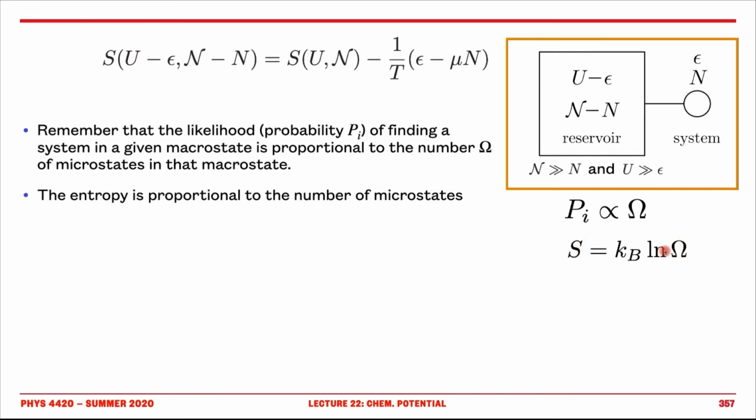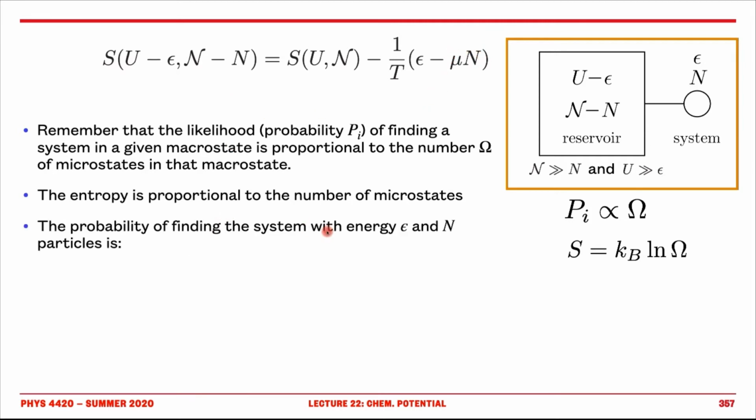So we have this k_B ln omega. The entropy is equal to k_B ln omega, and that's good because now we are going to be able to connect the probability of a given macrostate with the entropy, which is what we have been trying to do since the beginning. Remember, we did the Boltzmann factor when we didn't have to worry about the number of particles. Now we have to worry about the number of particles, so we are almost there.